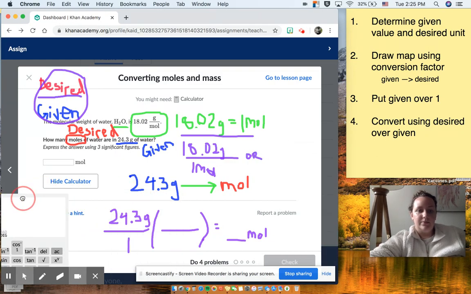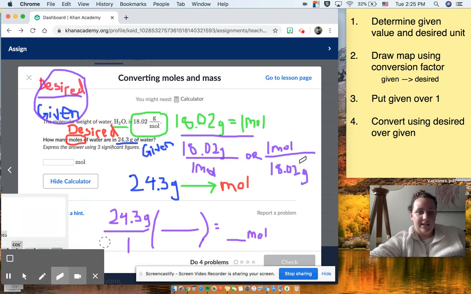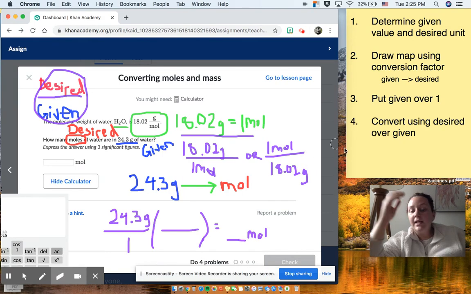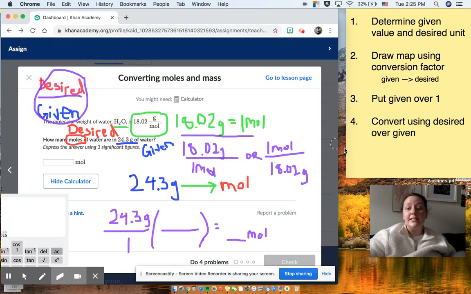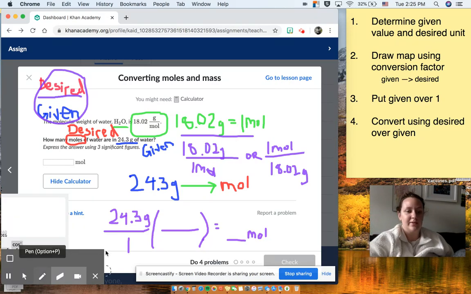I can do 1 mole over 18.02 grams. And it's my job as a scientist, as a student, to figure out which one of these is going to be my desired over given to help me actually do this conversion.